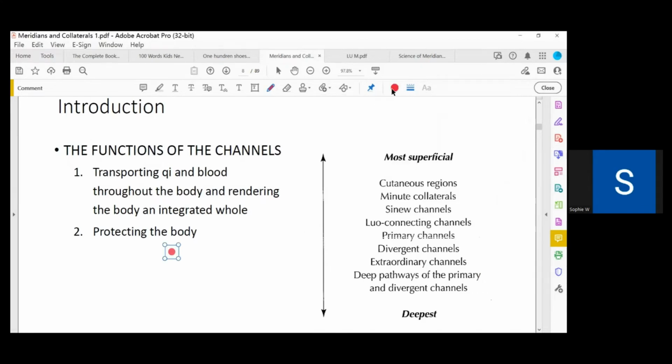Okay. The functions of the channels. So why we have channels, why we have meridians. First one, transporting qi and blood throughout the body and rendering the body an integrated whole.